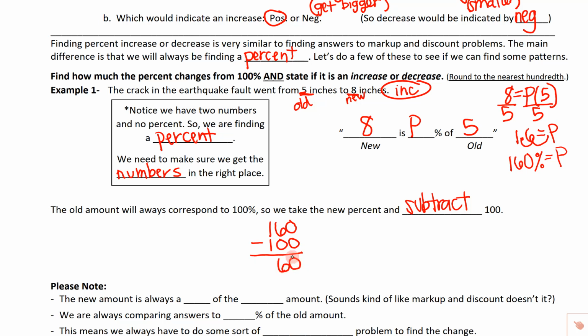Since I got a positive number at the end, positive 60, I know that it is an increase, which is what I thought to begin with. I thought, okay, I'm going to get an increase, and so we were correct. So the fault line increased by 60% from the original.